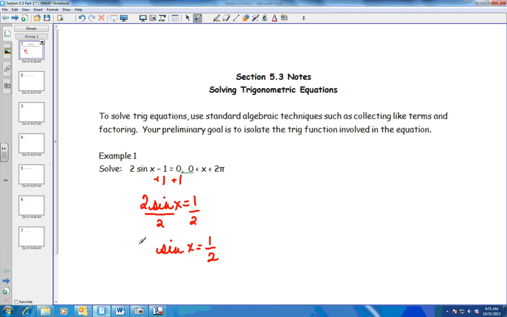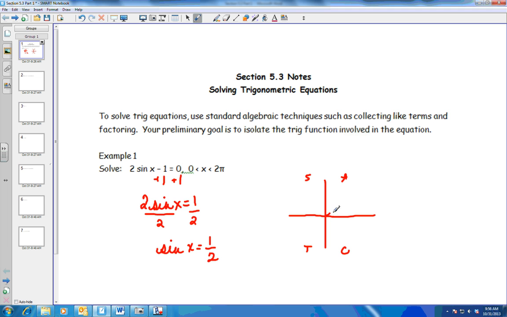Okay, so now our answer is going to be, at what angle is sine equal to 1/2? And we only want our answers in this problem from 0 to 2 pi. Well, some of you may have that memorized from your unit circle. Okay, if you don't have it memorized, here's what we're going to do. I know that sine is a positive number in the first and second quadrants because of All Students Take Calculus.